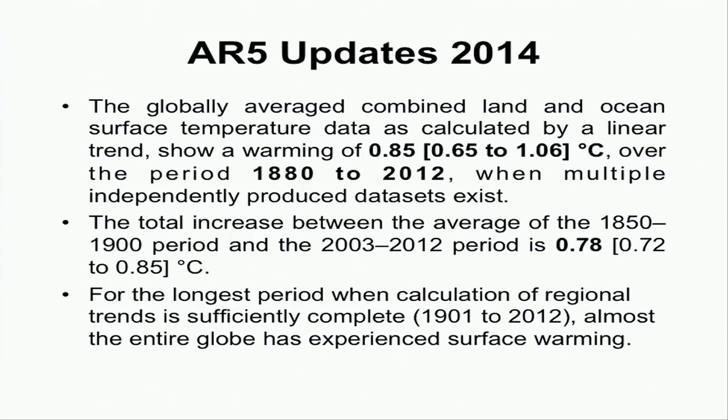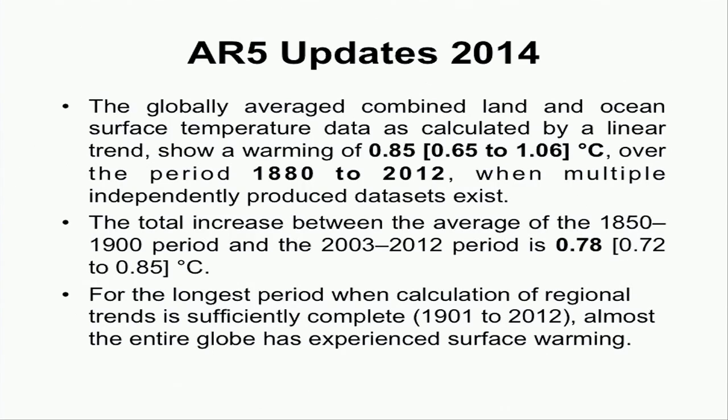Again, we keep updating every year the globally averaged combined land and ocean surface temperatures. The trends are normally calculated using a linear regression, and they show a warming of about 0.85 degrees C between 1880 to 2012, say, when this report was written, and that's using multiple independent data sets.